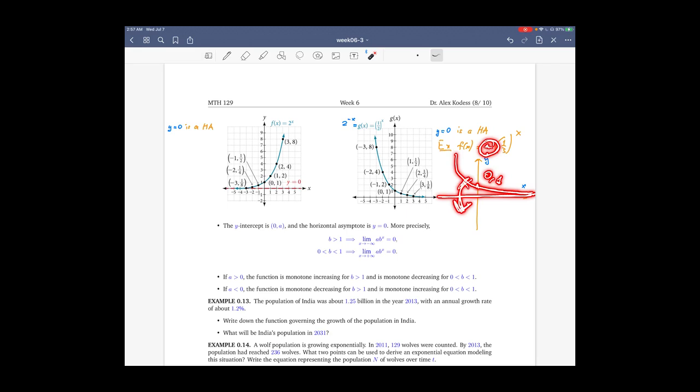So the graph of negative 1/3 to the power x would look like this. It would be an ever increasing function passing through the point 0, -1, and the horizontal axis y equals 0 would still be its horizontal asymptote.